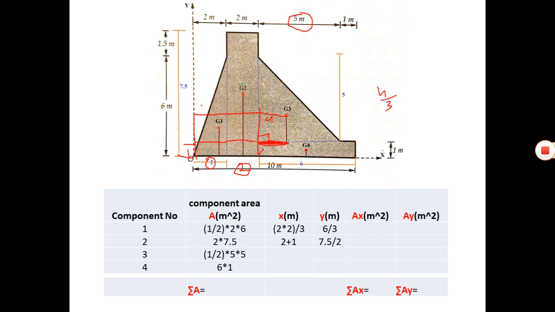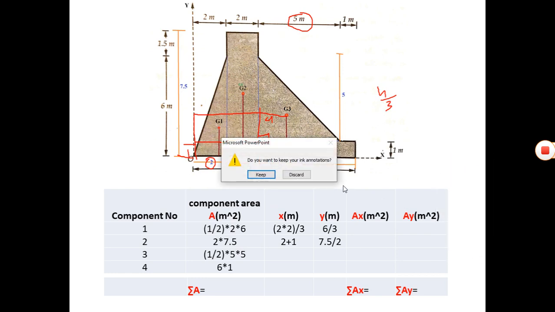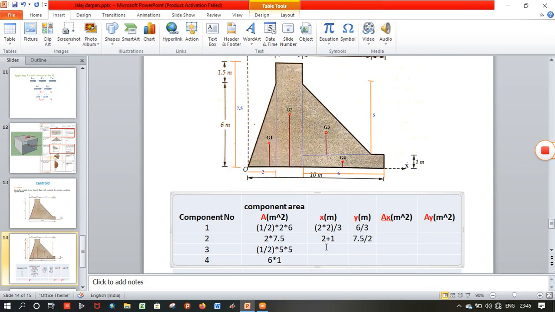Okay, so it will become, wait, for the x-axis it is h by 3 from the right angle edge.